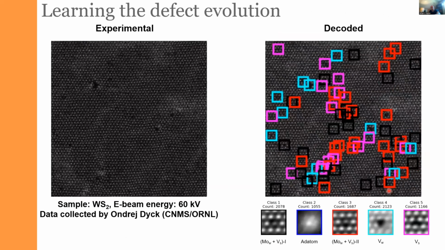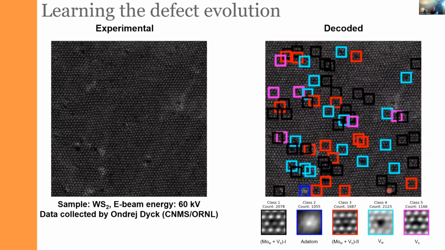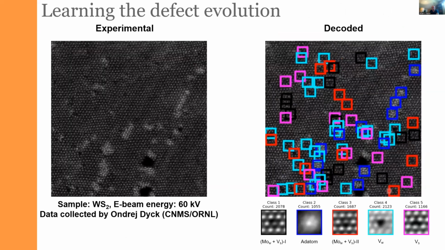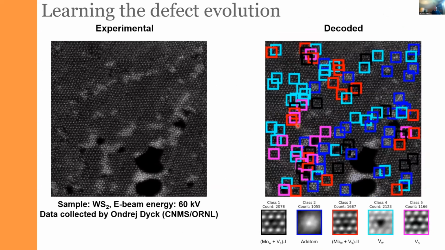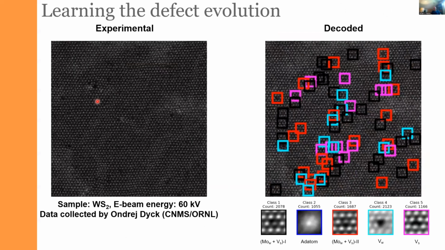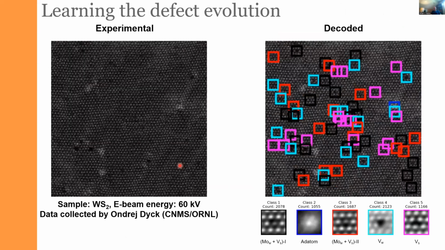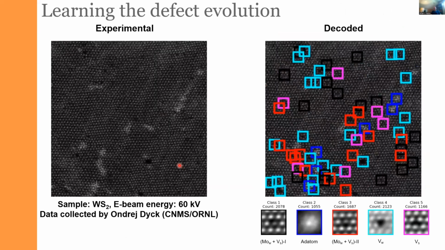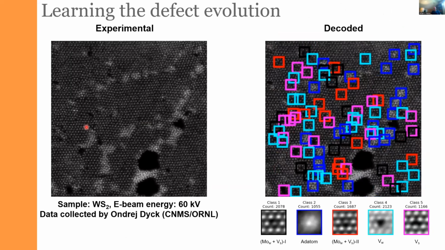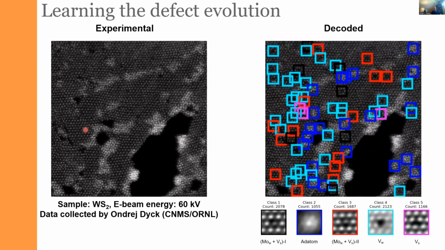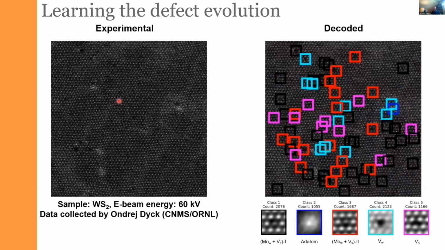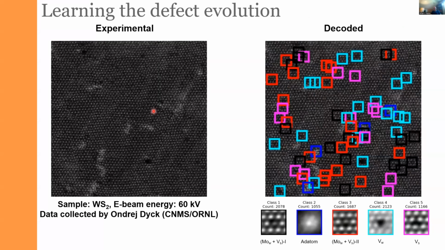So before we go to the collab, let me illustrate a few examples where deep learning actually worked in real-world microscopy. The movie on the left is a set of STEM images of a material evolving under the action of the electron beam. This is tungsten sulfide. You can see that when the electron beam irradiates it, it creates point defects that merge, and then the whole material starts to fall apart.